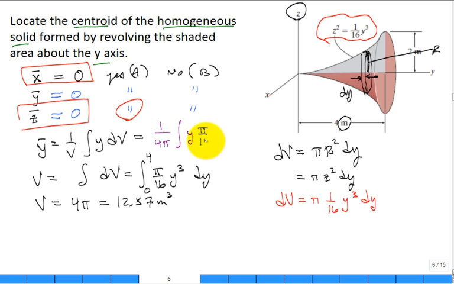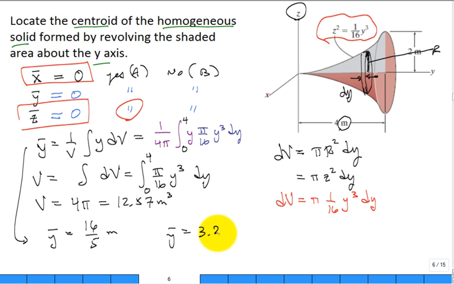Pi over 16 y cubed dy. It goes from the same lower limit, 0, to the same upper limit, 4. When we make that computation, y bar comes in at 16/5 meter, or y bar is equal to 3.2 meter.